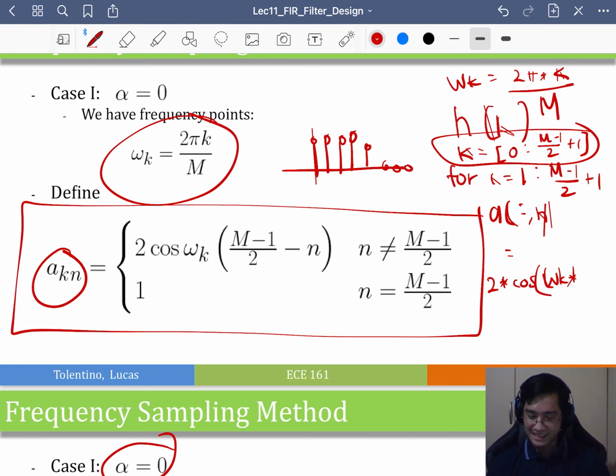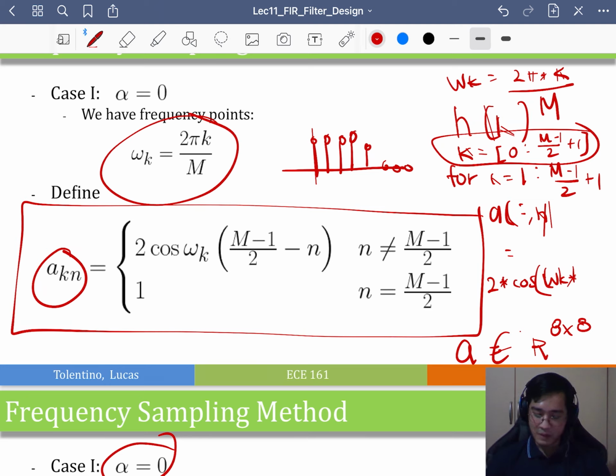So when we do that, we for loop over n from 1 to (M minus 1) over 2. So A will become 8 by 8, or (M minus 1) over 2 plus 1 by (M minus 1) over 2 plus 1.